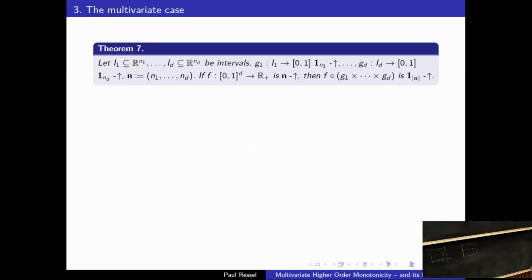And now this n should have these components, n1 up to nd. Then if f is vector n increasing, then the composition is a distribution function, 1 n-bar increasing, where n-bar is the sum of the components. It's the L1 norm of this integer vector, the sum of the nj.